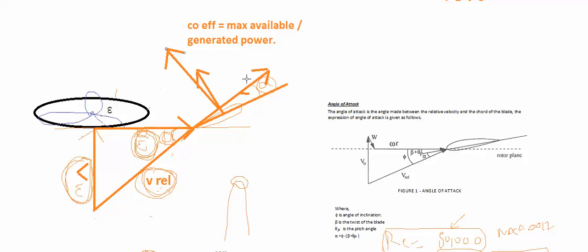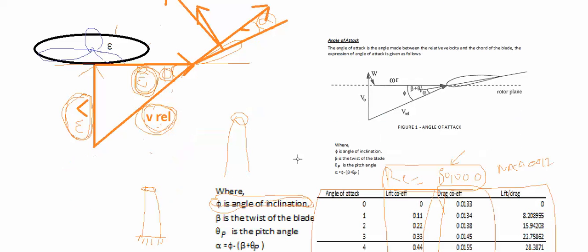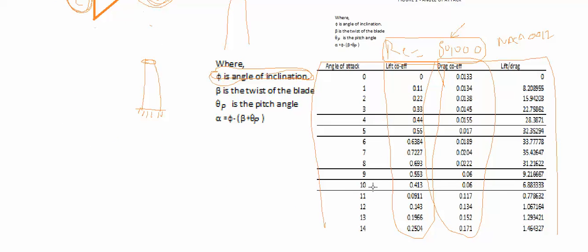That means we want the ratio of lift to drag coefficient, or lift to drag force, to be maximum. If you carefully observe this table, you would realize that at different angles of attack we have different lift coefficients and drag coefficients.